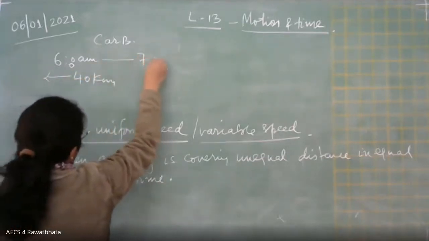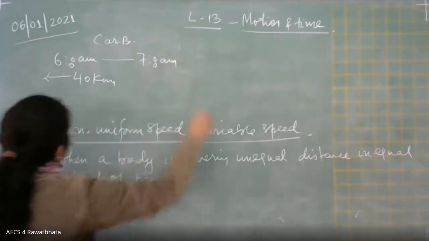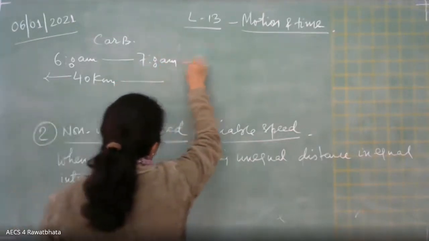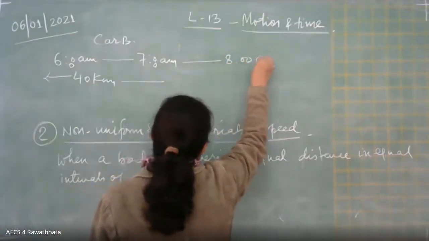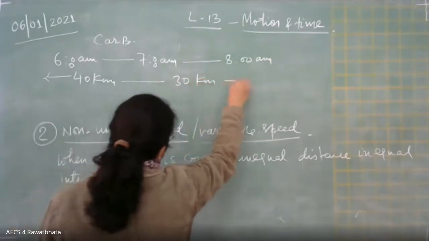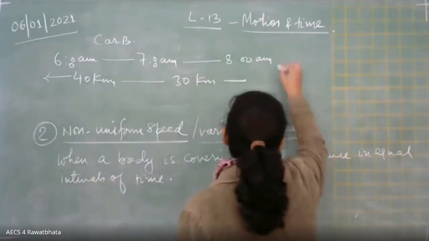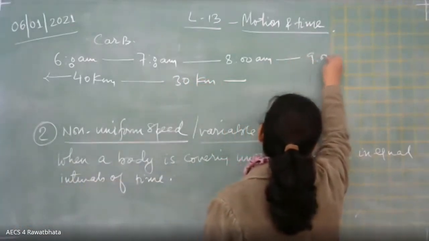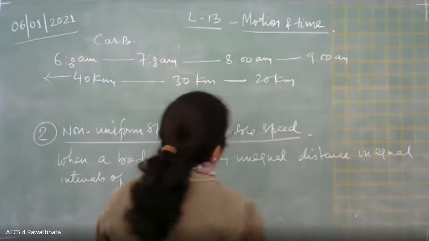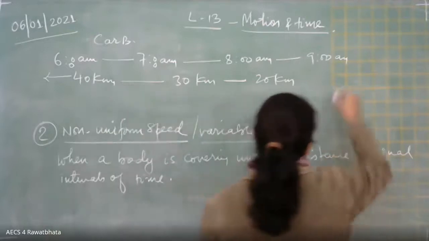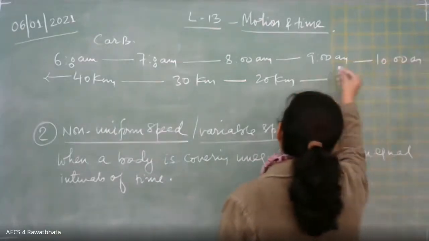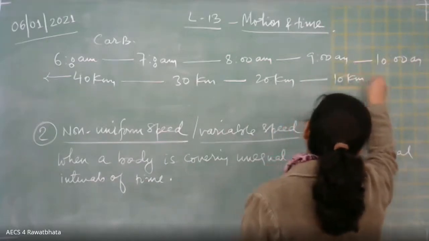So from 6 a.m. to 7 a.m. it covered 40 kilometers. Then from 7 to 8 a.m. it covered say 30 kilometers. Then from 8 a.m. to 9 a.m. it covered 20 kilometers. And then again from 9 to 10 a.m. it covered 10 kilometers more.